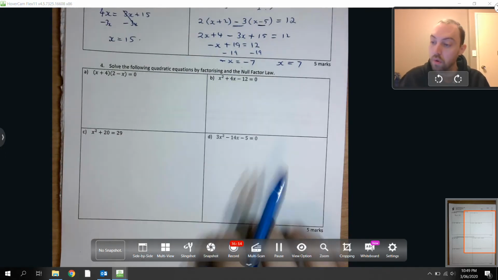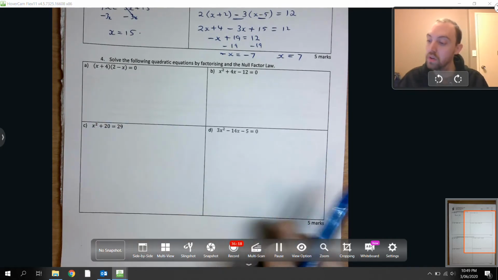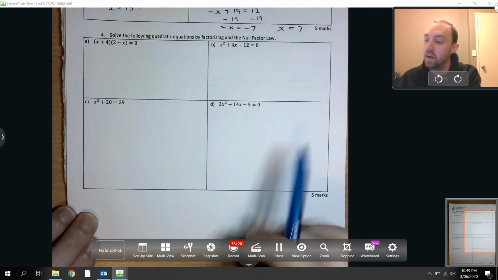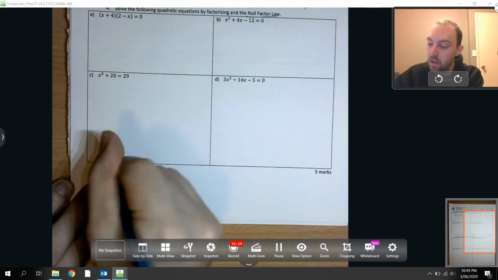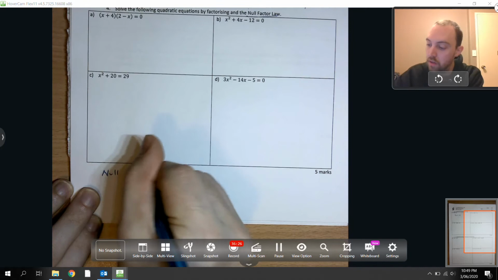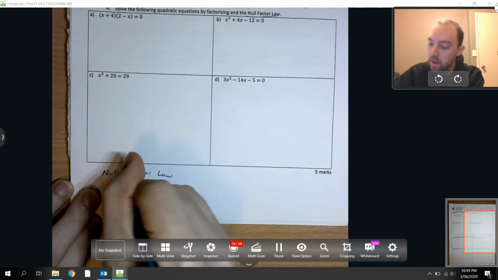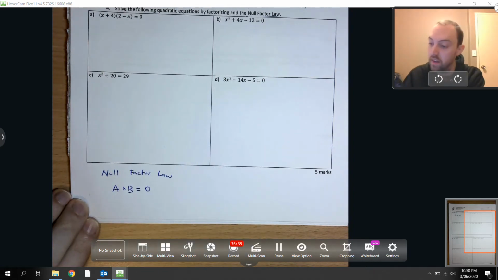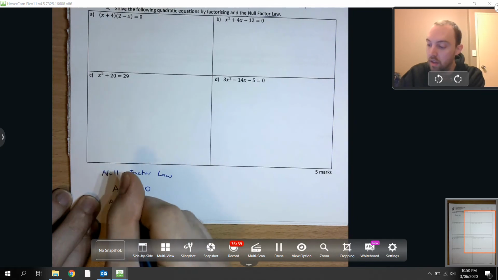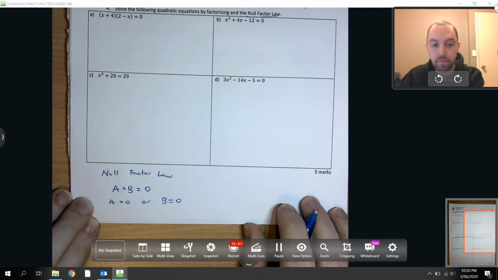Question 4, part A. We are trying to solve the following quadratics by factorizing and the null factor law. Now, in case you've forgotten, the null factor law tells me that if I have two numbers times together and they equal 0, then either A is equal to 0 or B is equal to 0.